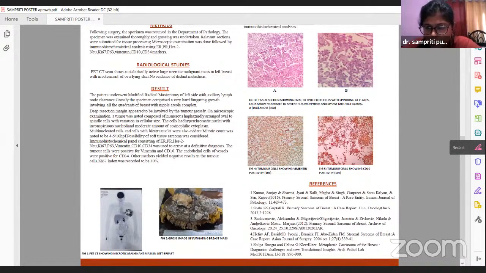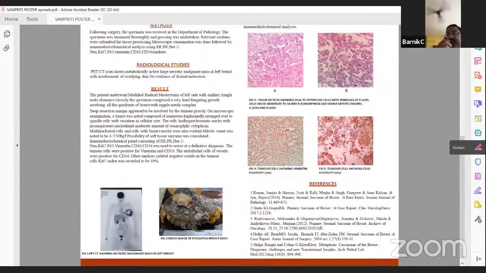ER and PR will be positive in benign and borderline phyllodes. In high-grade phyllodes, it is usually negative. And CD10 may be positive in phyllodes also. So that is not an unequivocal marker to differentiate from malignant phyllodes.